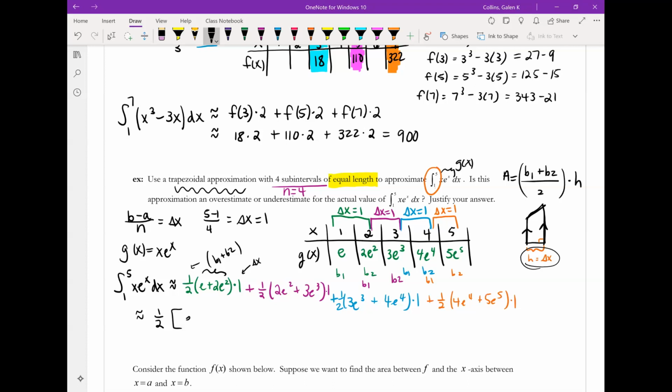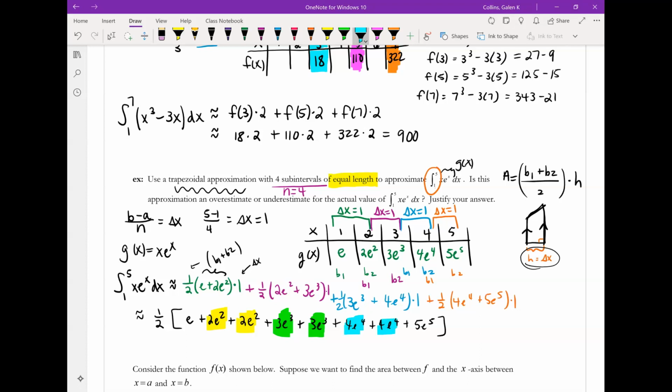Okay, so to solve this, we really have e plus 2e squared plus another 2e squared because I factored out the 1/2, plus 3e cubed, another 3e cubed, a 4e to the 4th, another 4e to the 4th, and then lastly, a 5e to the 5th. And then if we go through and just combine our like terms, so we've got two 2e squared terms, and e cubed terms.